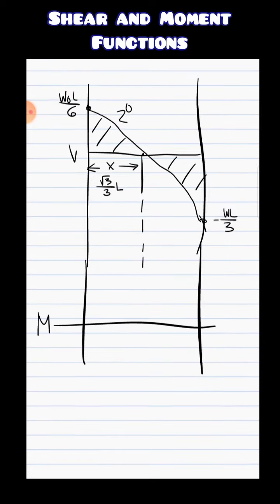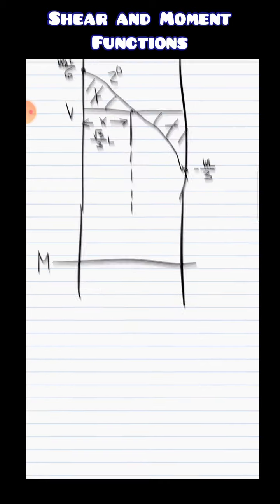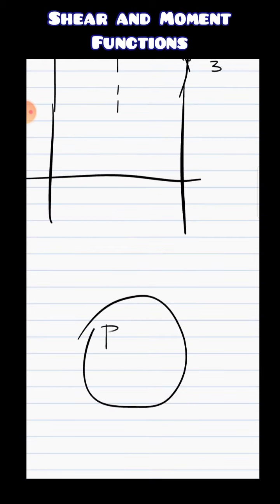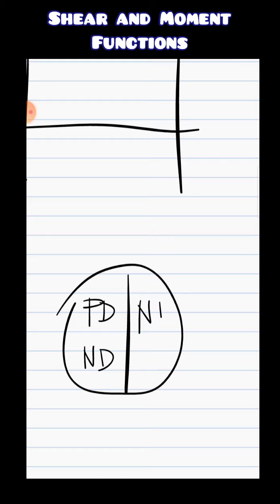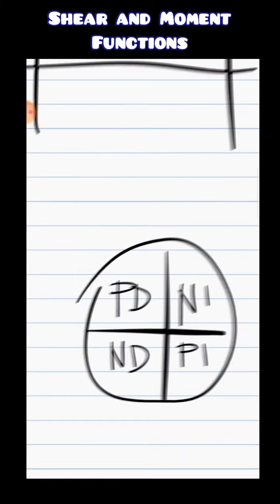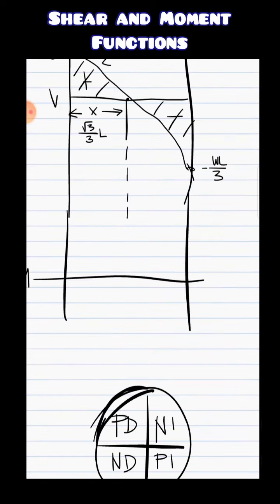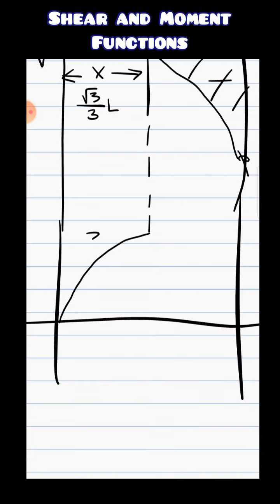Since this here is positive, while this here is negative, and the slope is decreasing, so this is above and then below, so decreasing. Then we're going to have positive decreasing. This is PD, NI, ND, PI. So we have here positive decreasing, and we're going to have this right here, third degree.